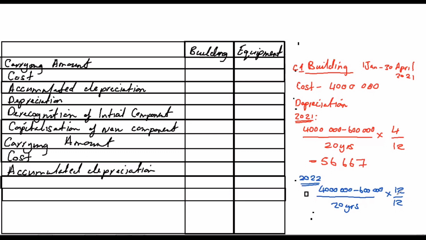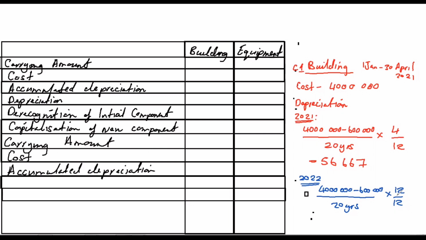So there is a time frame, so we measure it over a year. From the period it is ready for use until we either sell it, or it is damaged or out of use, then we stop depreciating. So per year, we measure from the time it was ready for use.